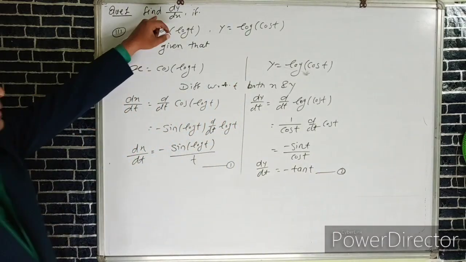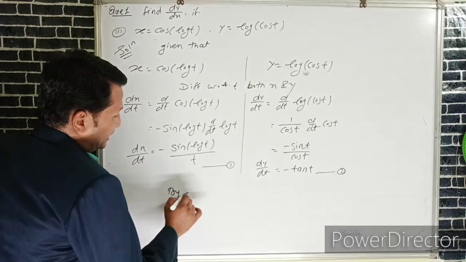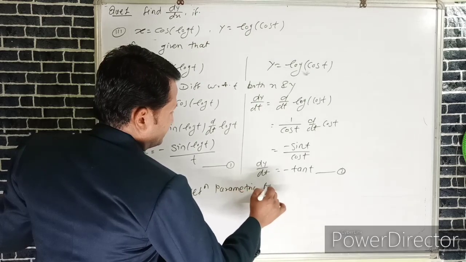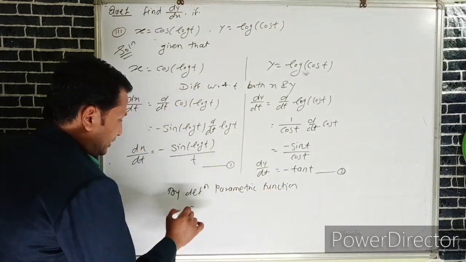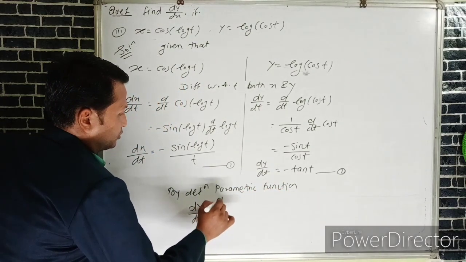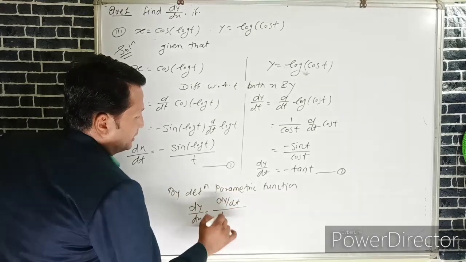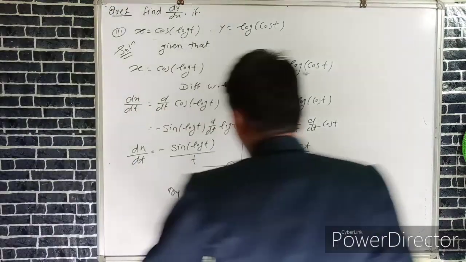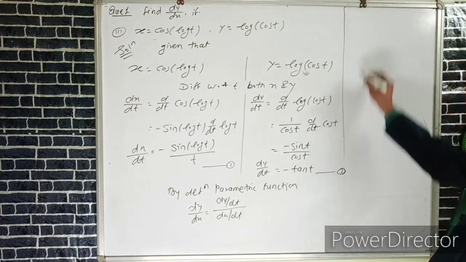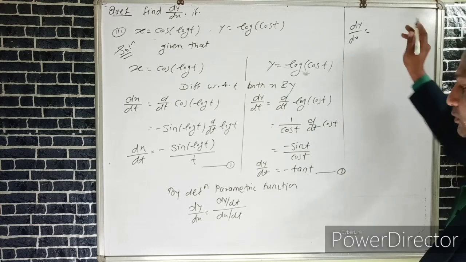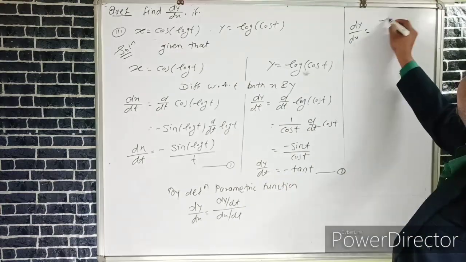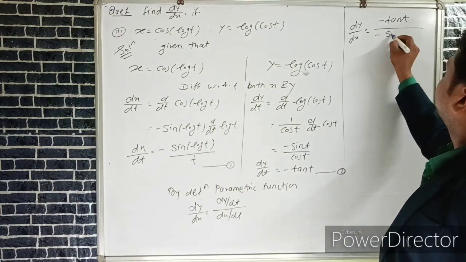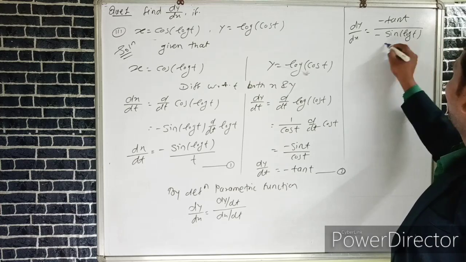We have to find dy by dx by the definition of parametric function. We can write dy upon dx is equals to dy by dt upon dx by dt. Again we know that the value of dy by dt is minus tan t and dx by dt is minus sin of log of t upon t.